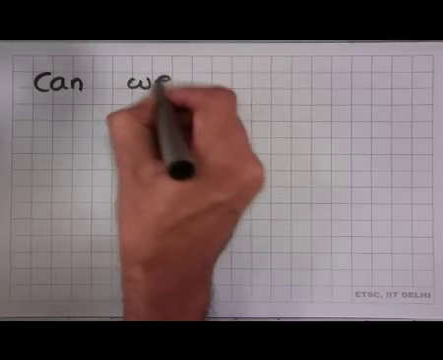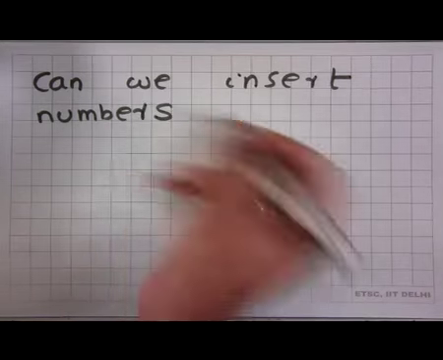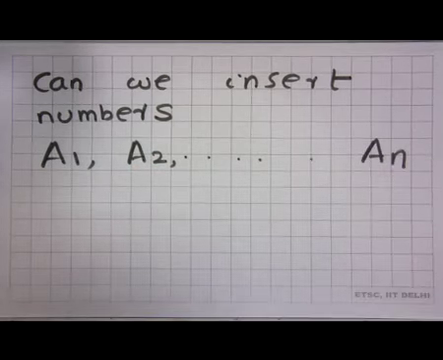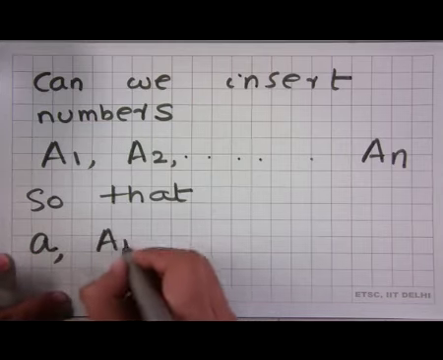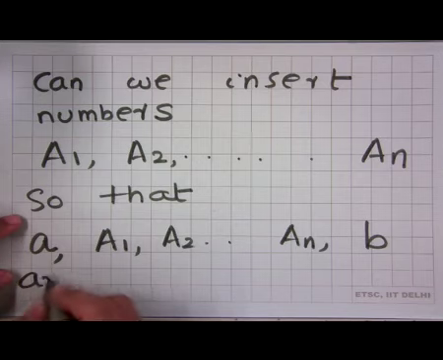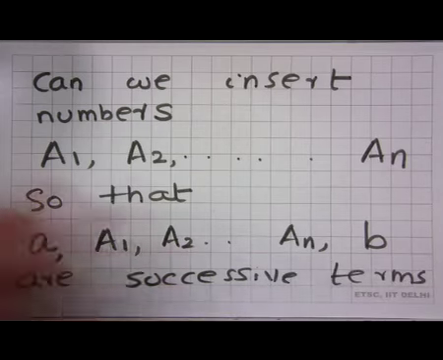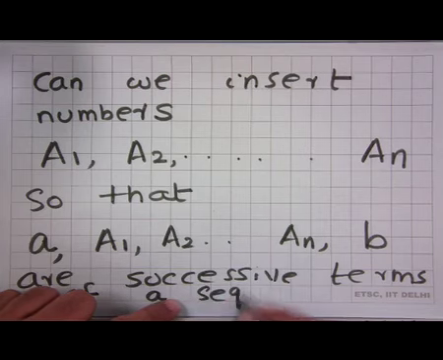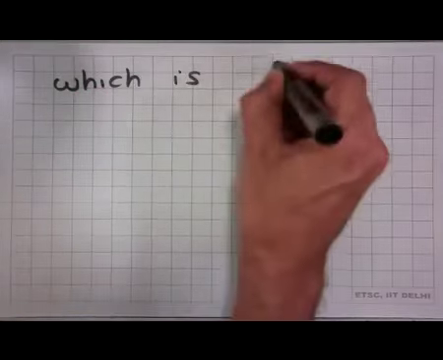Can we insert numbers, not just one number, but a finite number of real numbers, let us call them A1, A2, etc., An, so that a, A1, A2, An and b are successive terms of a sequence which is an AP.